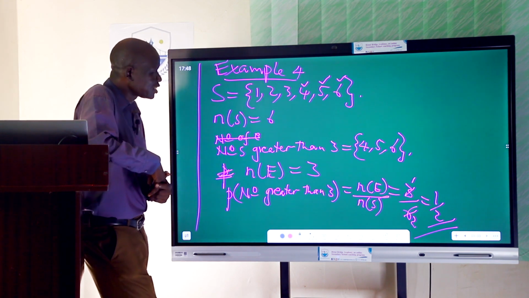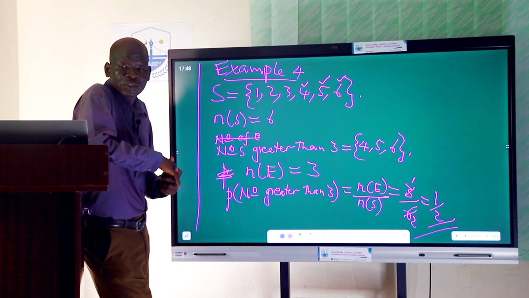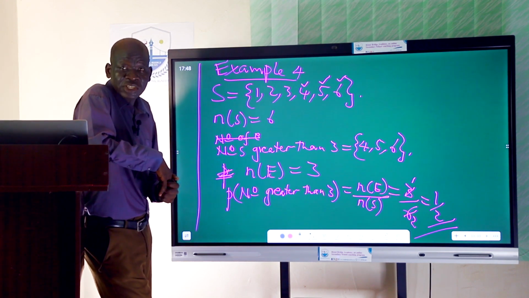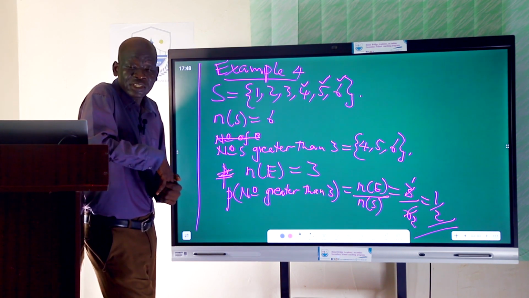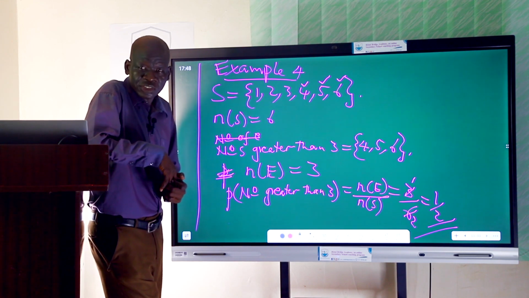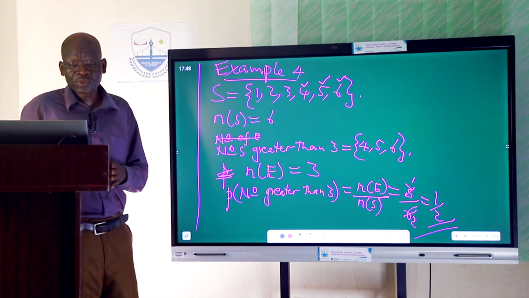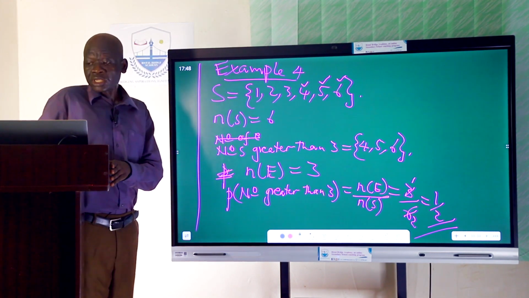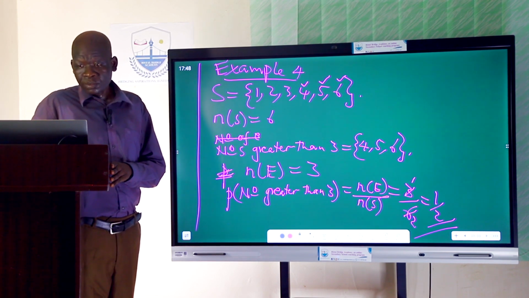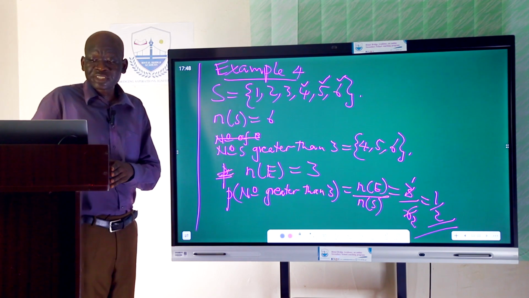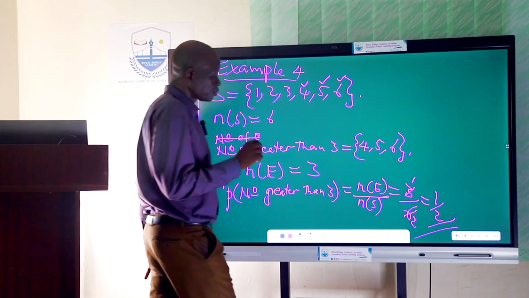But if you are asked that if today is Tuesday, what is the probability that tomorrow it will be Wednesday? The answer is 1. Why? Because if today is Tuesday, whether I like it or not, tomorrow must be Wednesday. So that is a certain event. You are very sure that it will happen. So when you add probabilities of exclusive outcomes, the answer must be equal to 1.